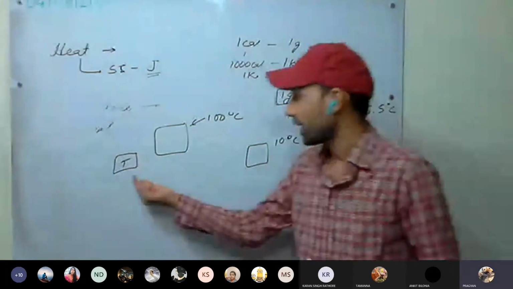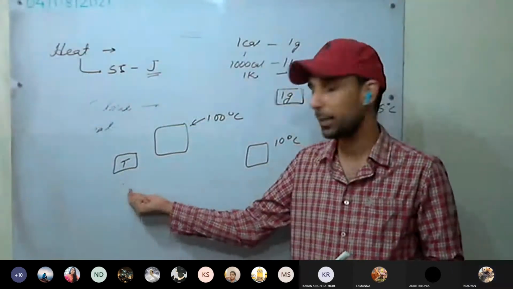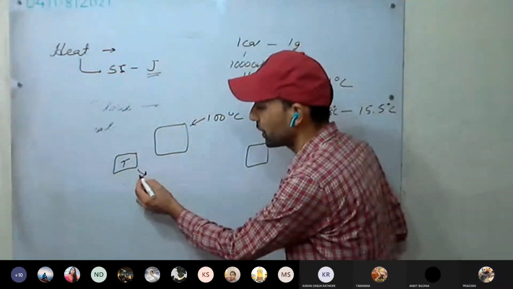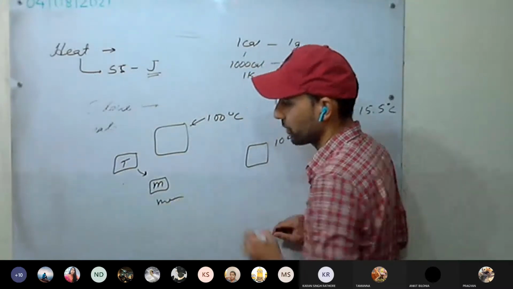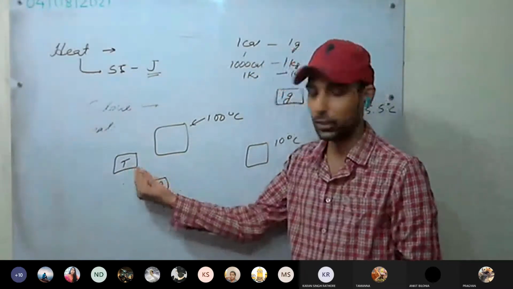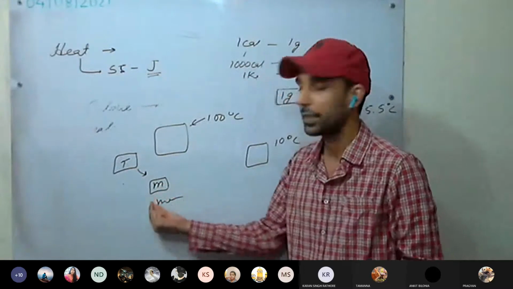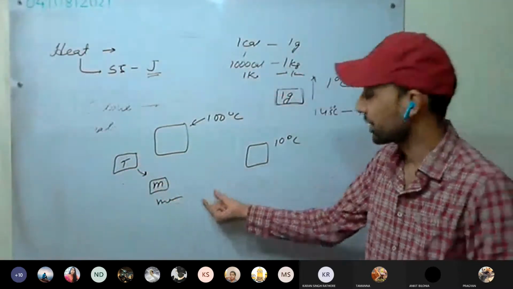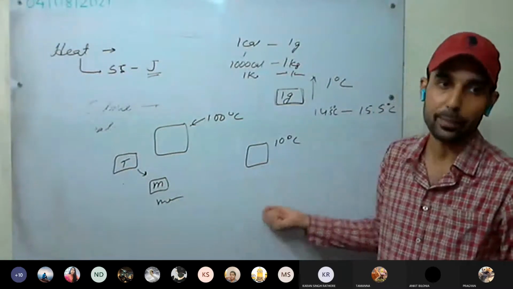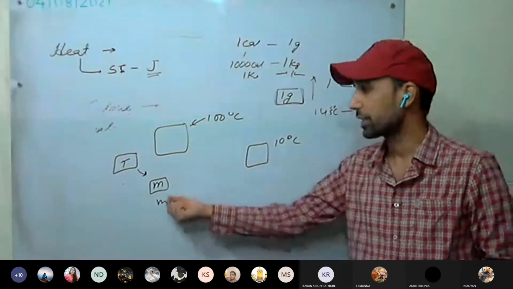And the heat contained depends on two more parameters: mass and the material of the substance as well. For the quantity of heat, we will discuss the heat capacity and the specific heat capacity as well, in the next lecture.